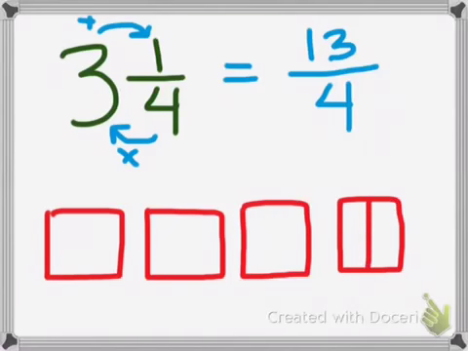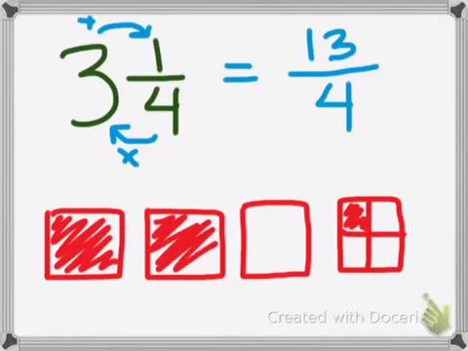So I have 1/4 of this whole here. Okay, so I have 3 and 1/4. Let me color in the rest of them too. So either way that I draw it, my visual here is showing 3 and 1/4, and it's also showing 13/4.